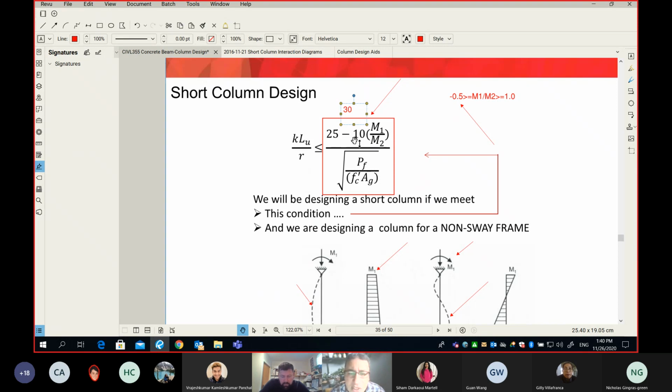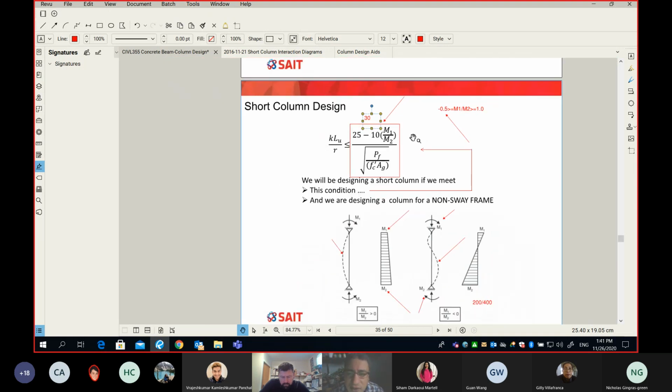If it's less, great, my column is a short column and I don't have to worry about buckling. If not, which means your KLu over r is more than this number, like let's say 30, then your column is slender.